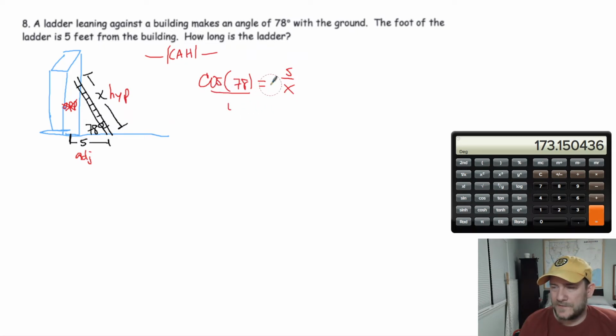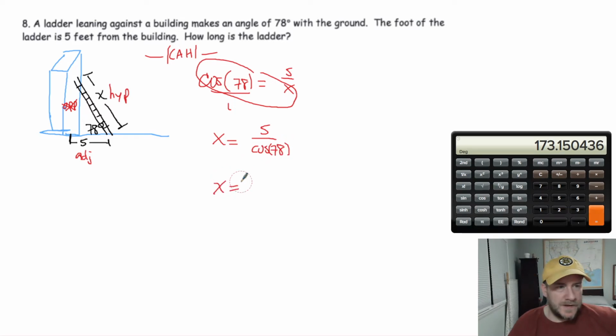Essentially these two are flipping. So you'll get X equals 5 divided by cosine 78. And our calculators will do the work. So it's 5 divided by cosine of 78, which equals 24.05.